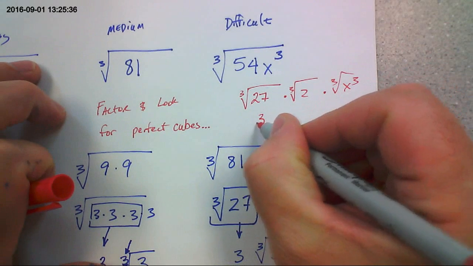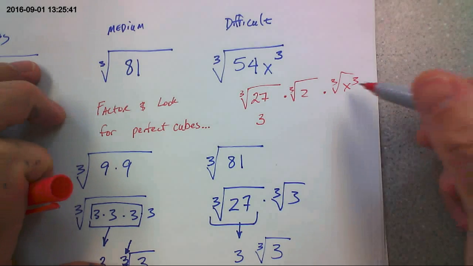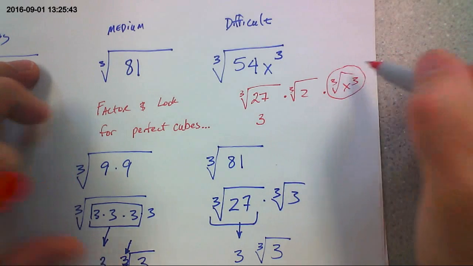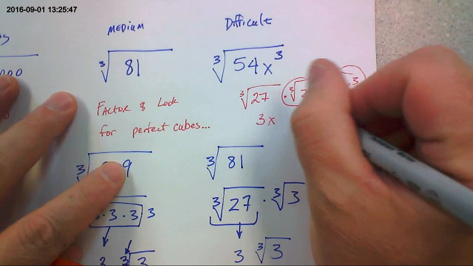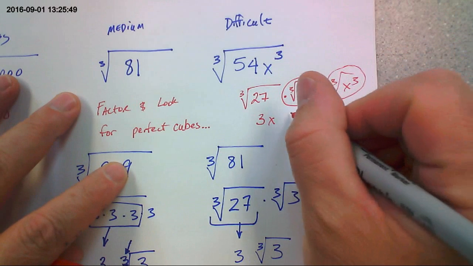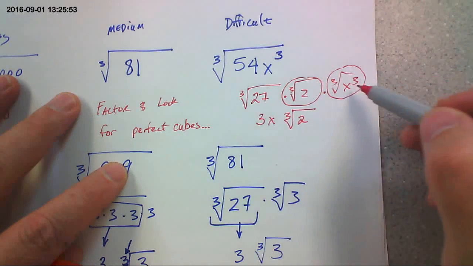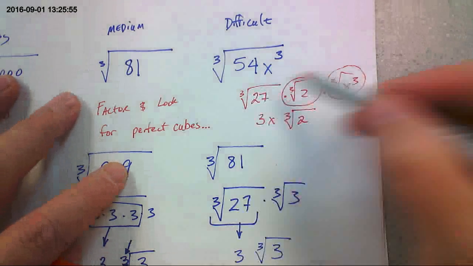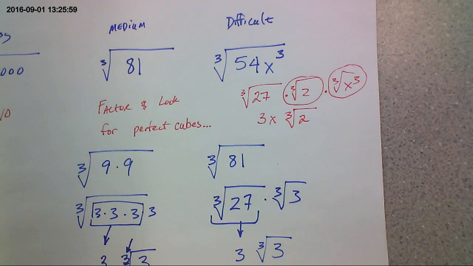That's just 3. Hey, what's this part? Just x. And this part? Can't do anything, right? So you put the whole numbers together because they can be simplified, and whatever's left, you leave like that.